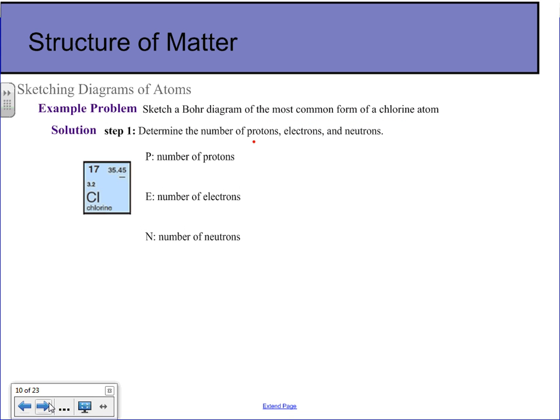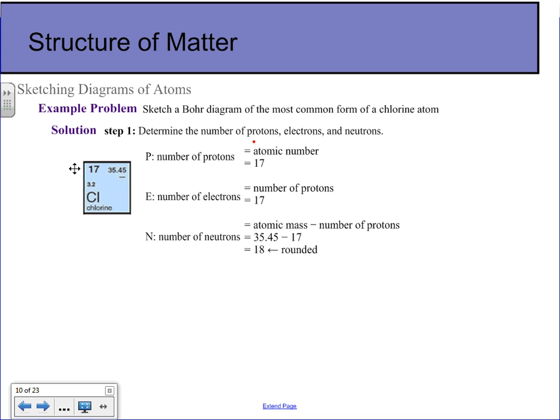So, for a sample problem, let's sketch the Bohr diagram of the most common form of the chlorine atom. First we need to determine the number of protons, electrons, and neutrons. Using this information here, which is a copy of what would be in our data booklet, we can see that the atomic number is the number of protons, which is 17.